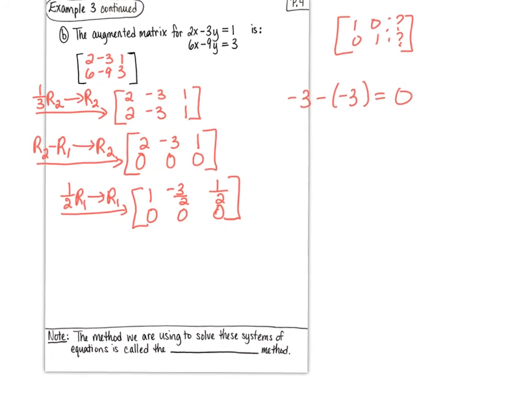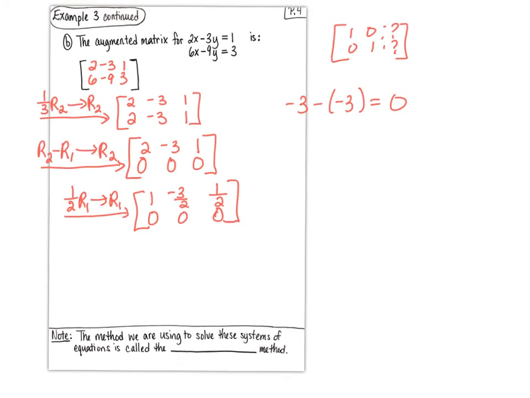Can you still read that? Okay, so translating back into equations gives us the following. x minus 3/2 y equals 1/2.